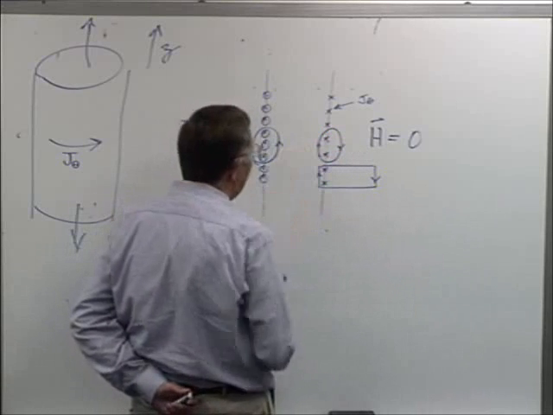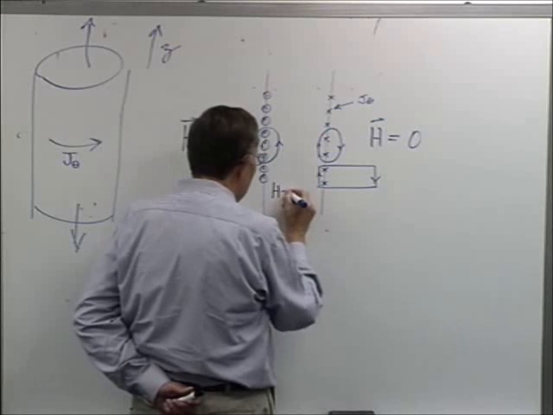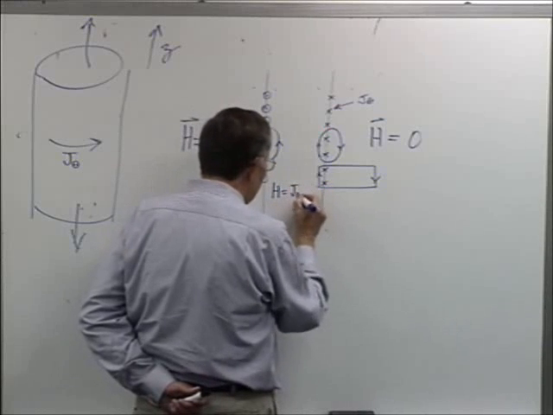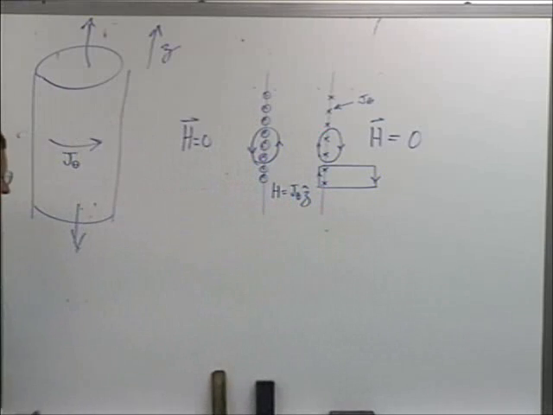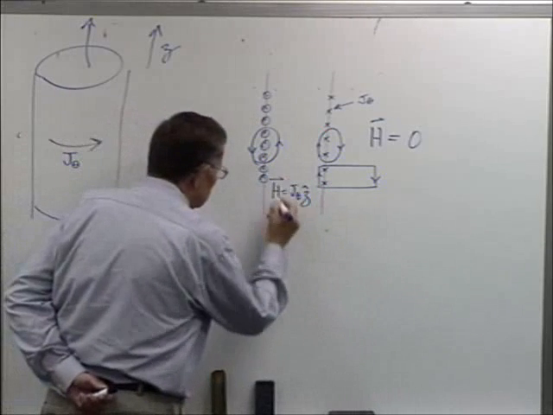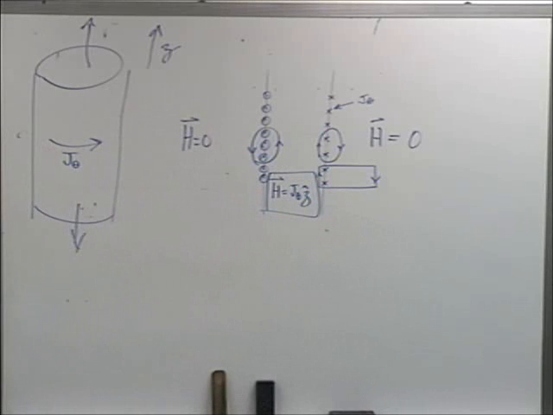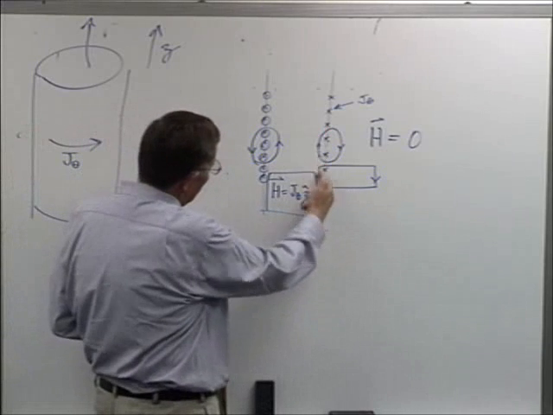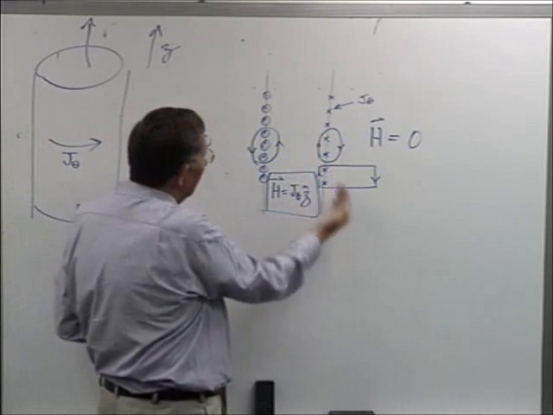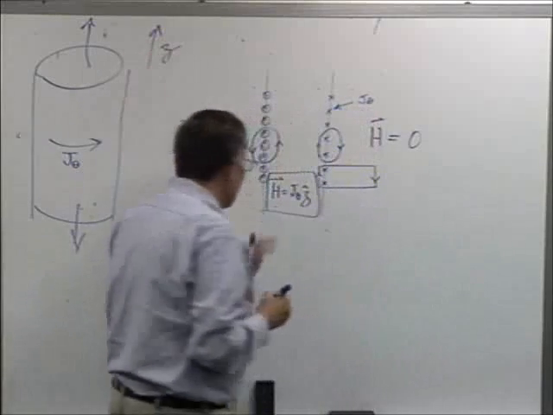These fields add inside so that the field inside, H, is equal to J theta, and it's in the Z direction. So inside the field is in the Z direction, because the only component you have going up, I put the axis of the cylinder in the Z direction.